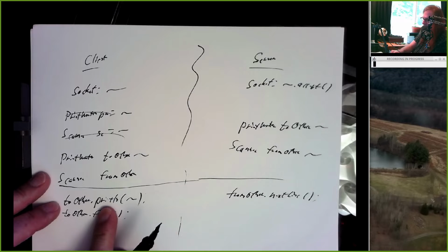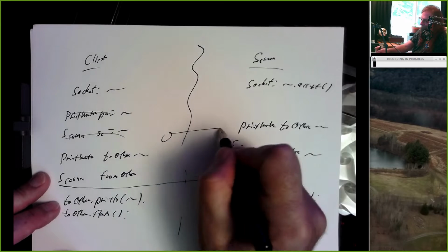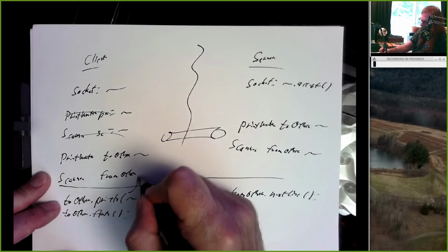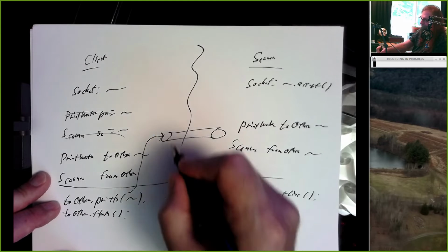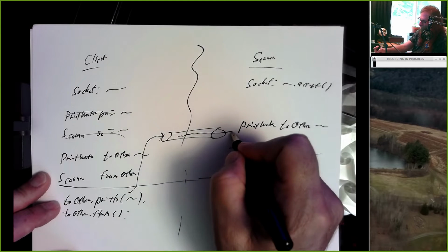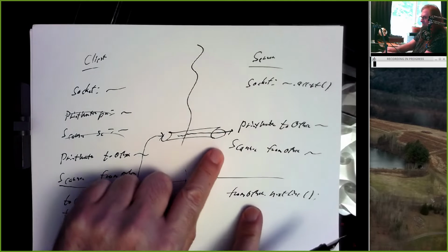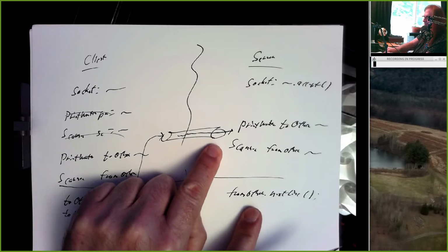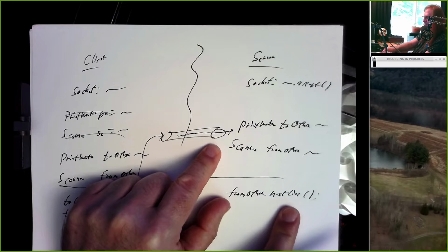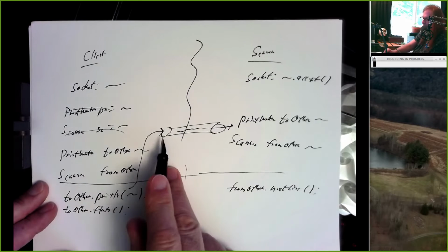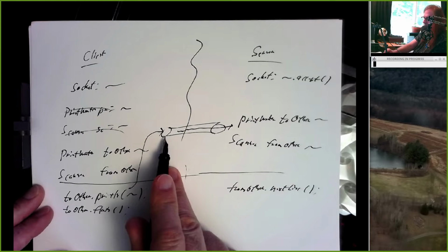Whatever gets printed into here is feeding into this side of the socket. It goes across the network. It's available on this side, which is this side's from other. And when you say from other.next line, it will read whatever was printed from the other side.